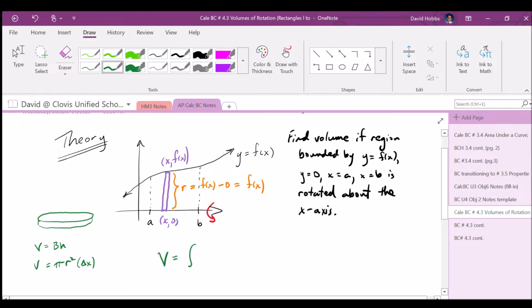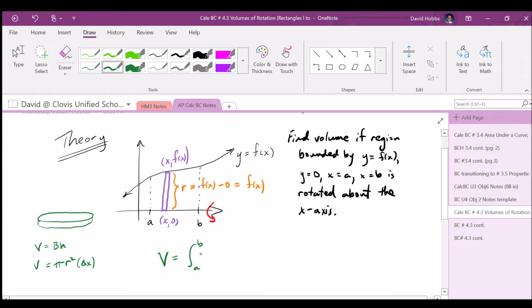is a definite integral, because we're going to sum up all of these disks. We're going to do the definite integral from a to b, because everything's in terms of x's here. If I'm doing vertical rectangles, little delta x's, it goes from left to right, from a to b, and don't forget we're doing pi r squared times delta x.